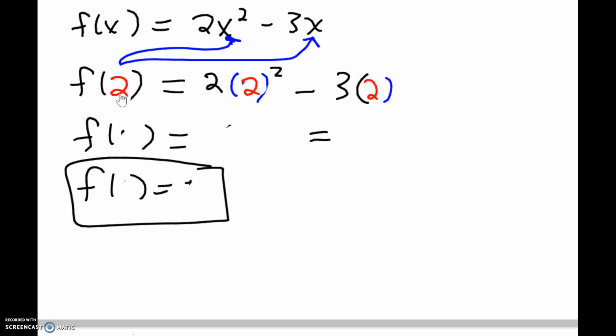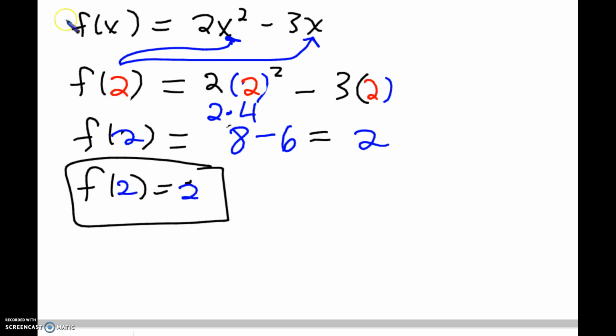And then we have to remember our order of operations. We would square 2 first. 2 squared is 4. And then multiply by this 2. So this would give us a product of 8. 3 times 2 is 6, so 8 minus 6 gives us 2. F of 2 equals 2.